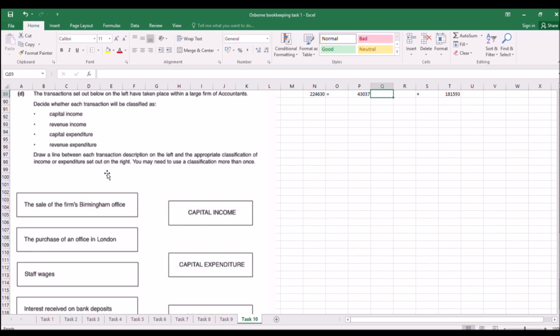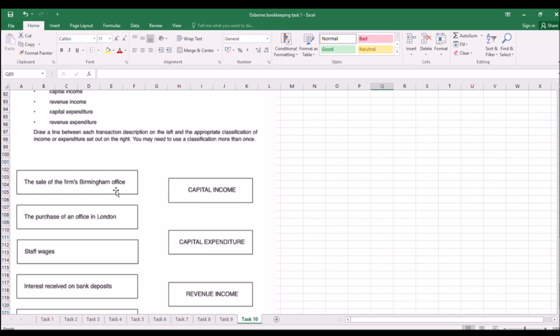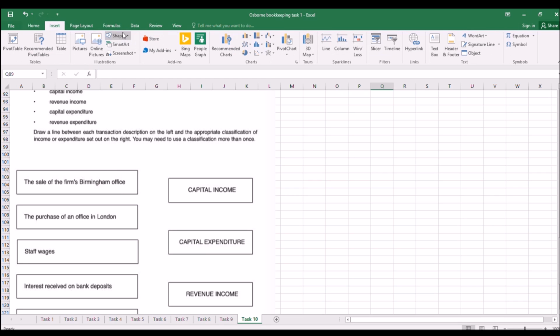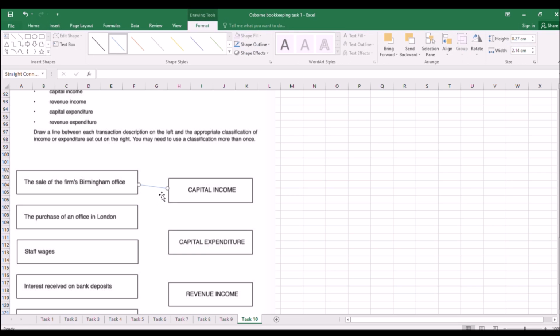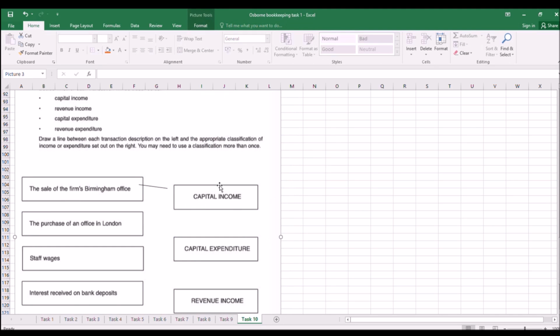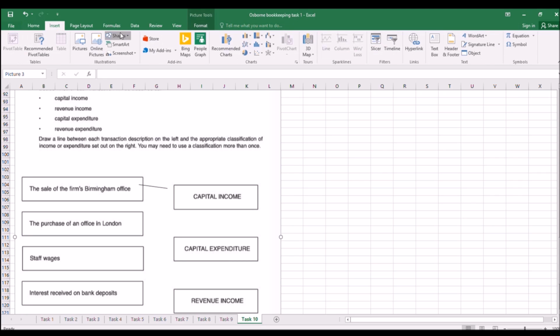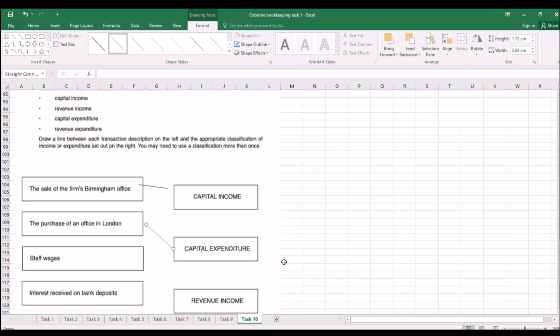So let's see what's going on here. Sale of the firm's Birmingham office. So it's an asset, and we're going to have some capital income for that one. Then we're going to have the purchase of an office in London. Well, that's going to be capital expenditure.